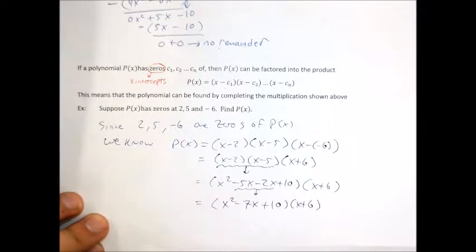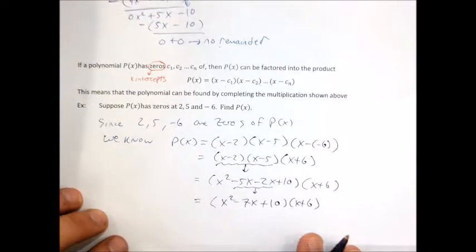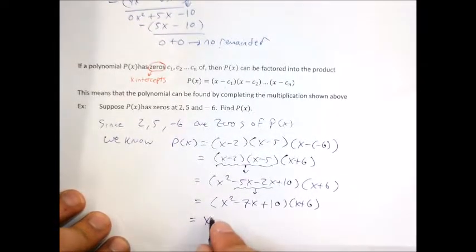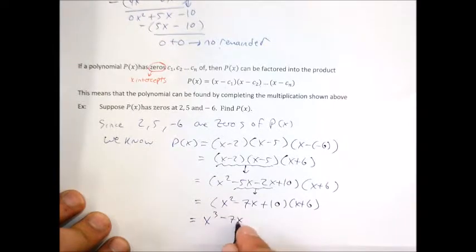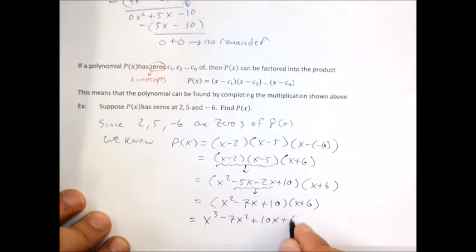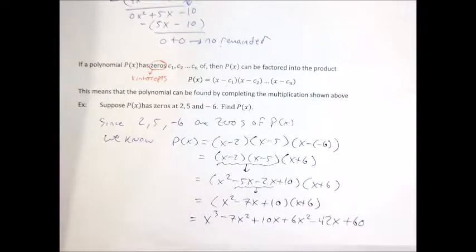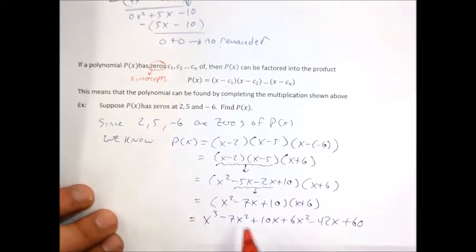And then we could just FOIL this now. I guess it's not FOILing technically, it's just distributing. We'll distribute this, and we get x cubed minus 7x squared plus 10x plus 6x squared minus 42x plus 60. And we see that we've got some like terms.